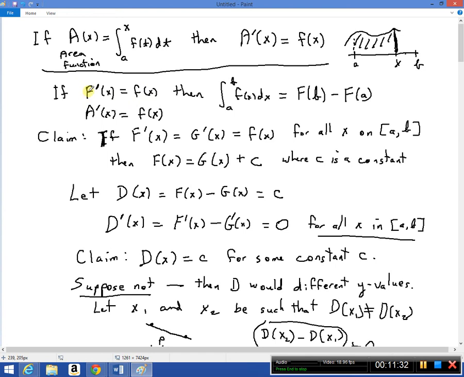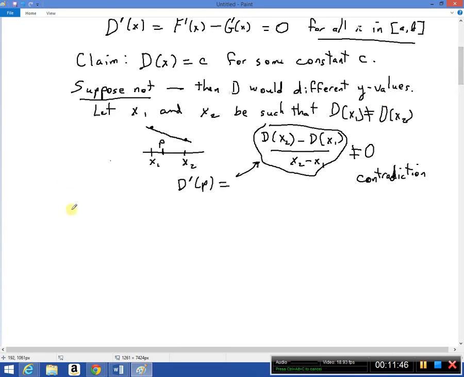And I'm not even caring what capital F is. If capital F is any other antiderivative, we've just shown that capital F and capital A are really the same thing up to a constant. So I'll write that down here. So capital F is really equal to capital A plus some constant.